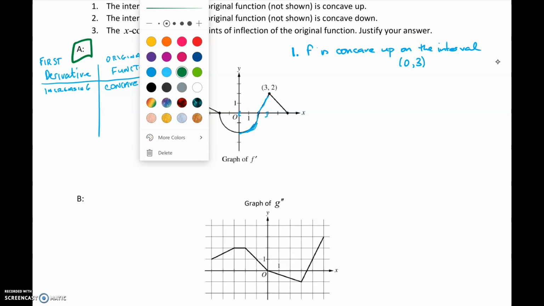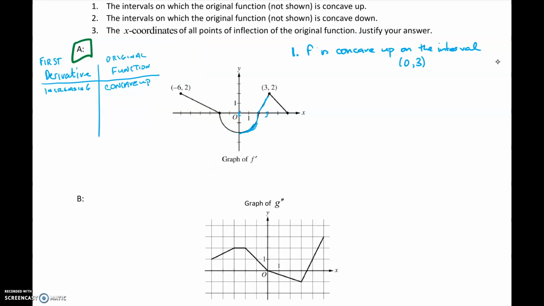Let's now talk about concave down. Question 2 is about concave down. And the original function is concave down when the first derivative is decreasing. Okay, so again, this is just a homework check on what I assigned you previously. F, the original function, is concave down on the interval.